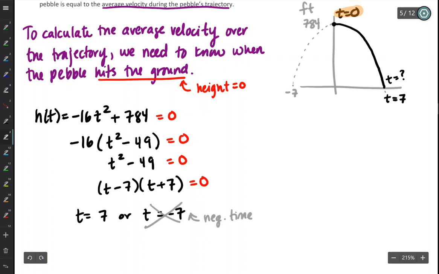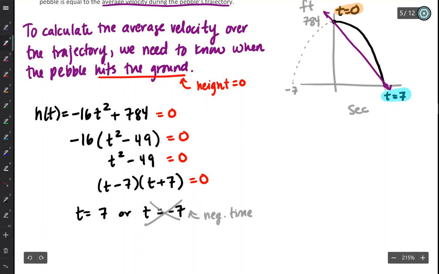You can label feet and seconds if we want. Then 7 seconds later, we've hit the ground. So now I'm ready to go ahead and calculate my average velocity over this trajectory, which is the slope of this secant line. Okay?